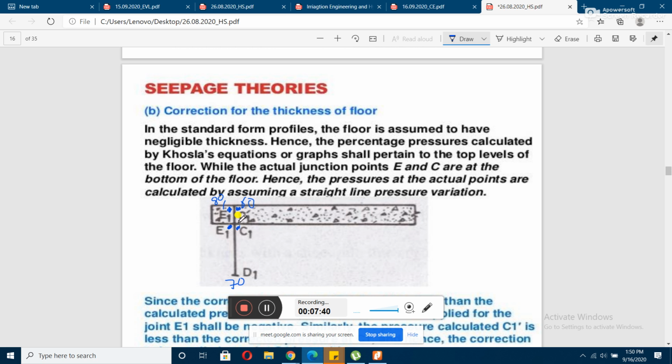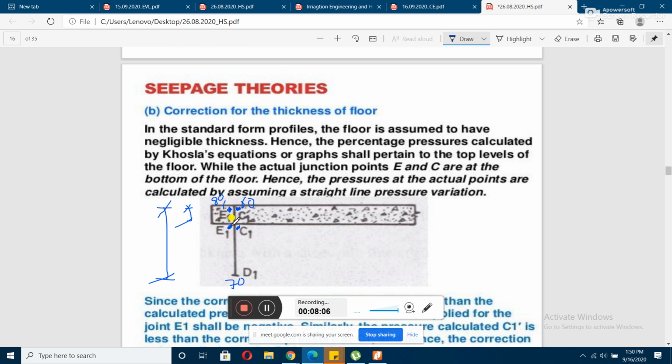So we will be doing it only by the unitary method, meaning we know this thickness, and the total depth of the pile is also known to us. So we have to do it only by the unitary method. We have to find out this particular value. Okay, so here there will be a subtraction.